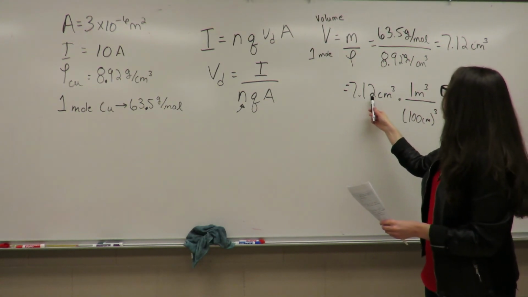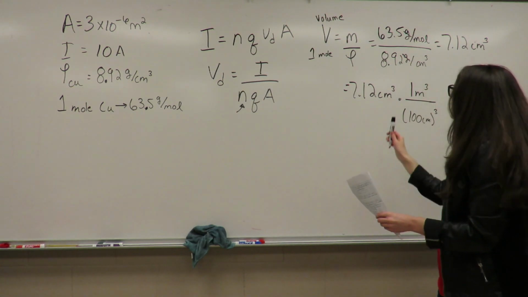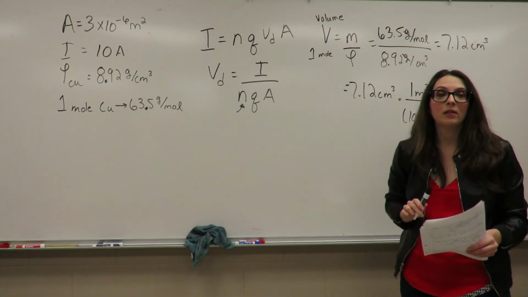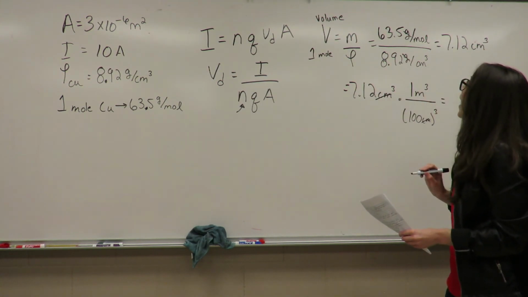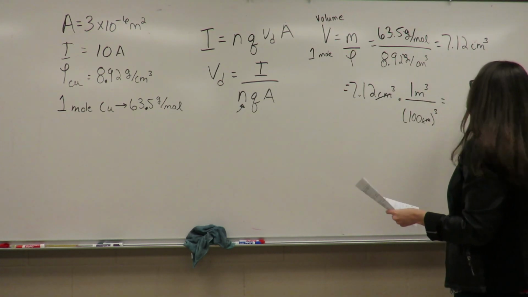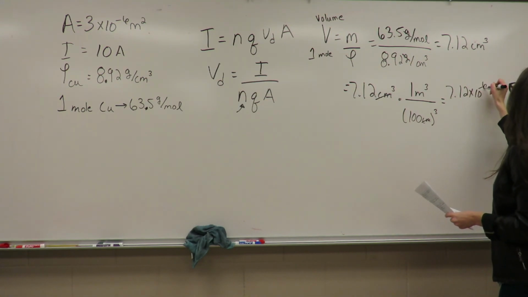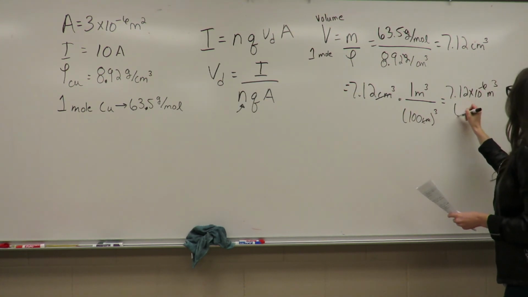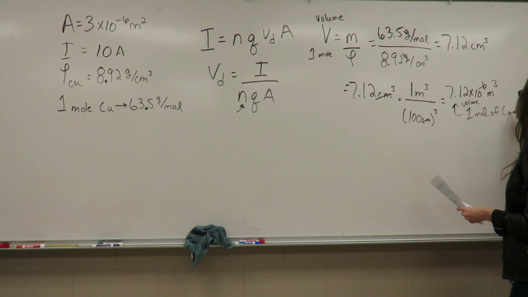So I'm going to take 7.12 and divide it by 100 cubed in order to get centimeters cubed into meters cubed. And so if I do that, I find that the volume of 1 mole of copper is going to be 7.12 times 10 to the minus 6 meters cubed. So remember, that's just the volume of 1 mole of copper.